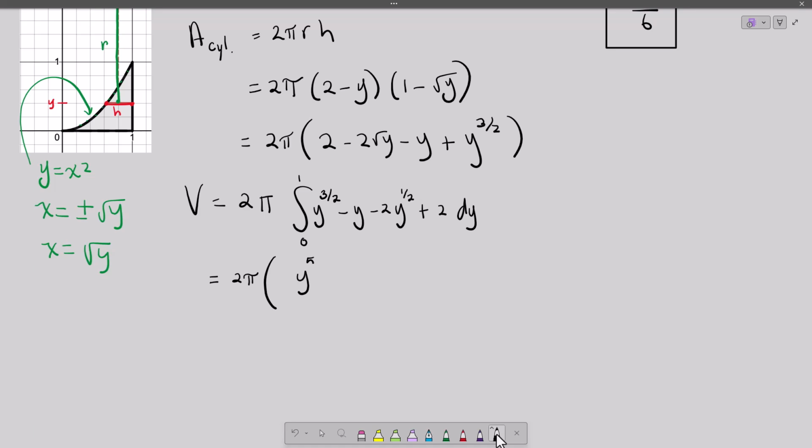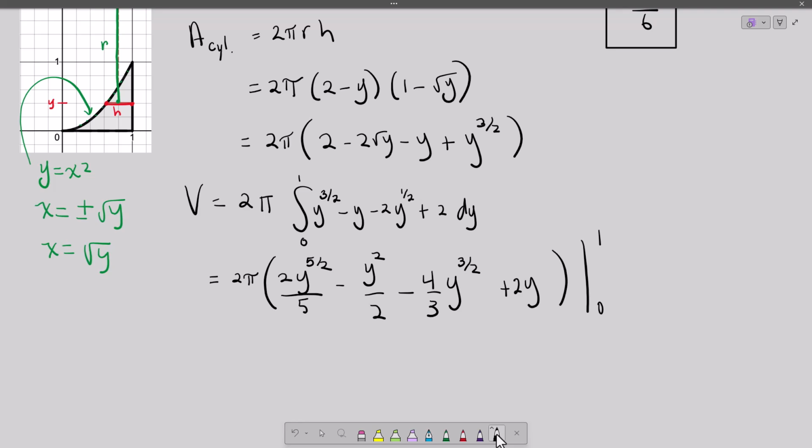Add 1 to the exponent, divide by the new exponent. Divide by 3/2 means multiply by 2/3. Add 1 to the exponent, divide by the new exponent. We have that.